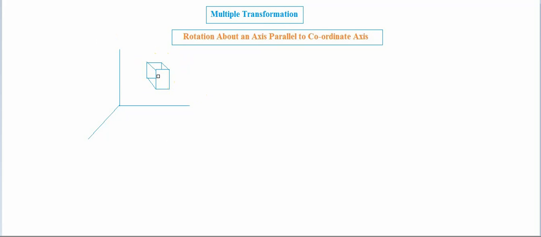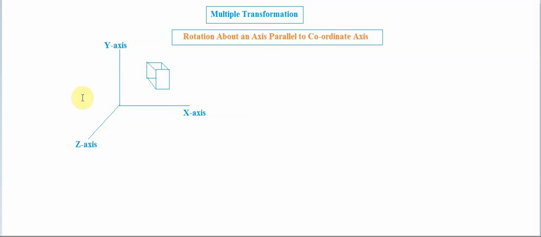So see, this is the object we'll have, and now we want to perform the rotation, right? Fine. So now this is our object, and the topic is rotation about an axis parallel to a coordinate axis. Means what? See, now this is our x-axis, this is our y-axis, and this is our z-axis.